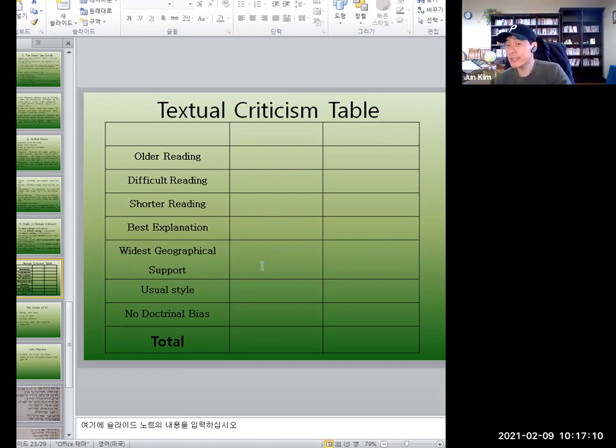But in this case, I think we need to give the mark to BHS in terms of geographical support.